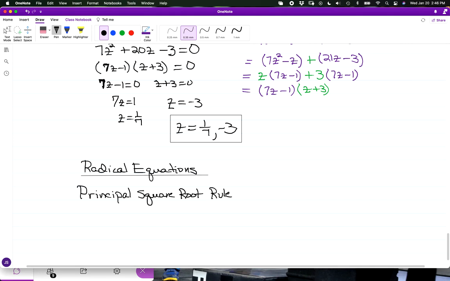The principal square root rule is going to state that the square root, and not just the square root, but textbooks commonly refer to just the square root, carries out to even roots, period.